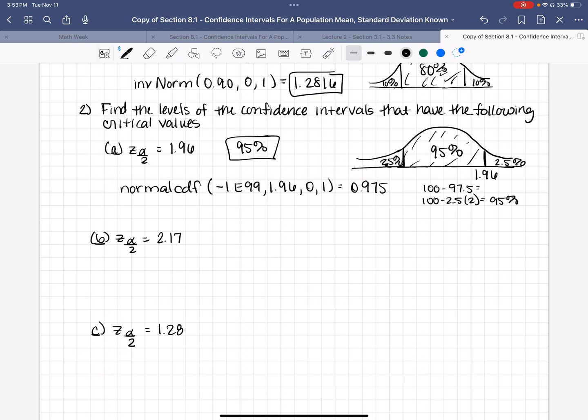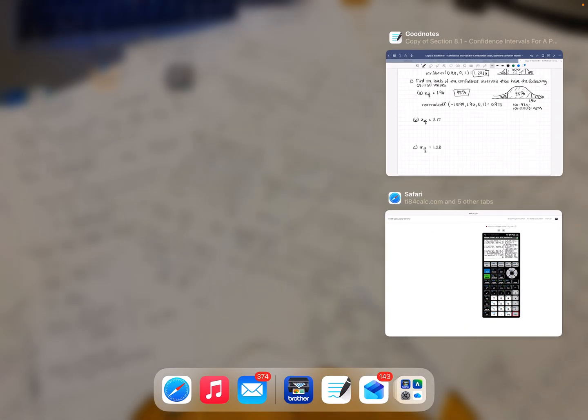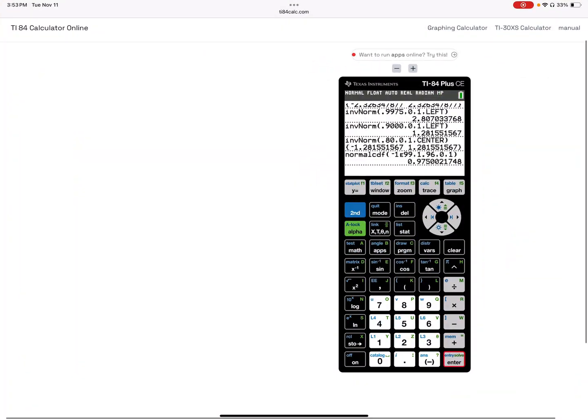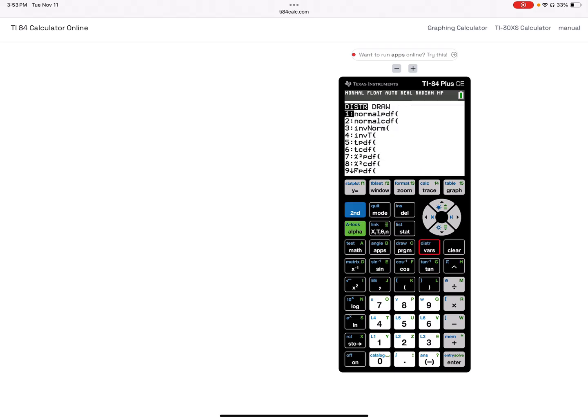Let's see if that, I do think normal PDF there will work. We had it for 1.96. Oops, sorry guys. So if I do a second vars, remember normal PDF is stagnant. It's right at one spot. Let's see what it says. Was it 1.96?